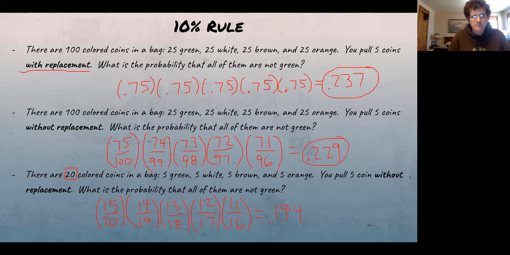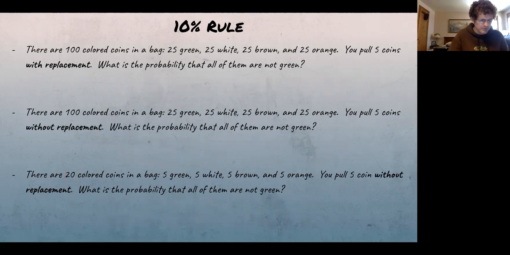But if we were trying to do the same thing with a much smaller population, then not using replacement changed the probability by over 4%, which is probably enough where we don't consider that accurate anymore. It's not good enough. So we're using this to lead us to what we call the 10% rule.